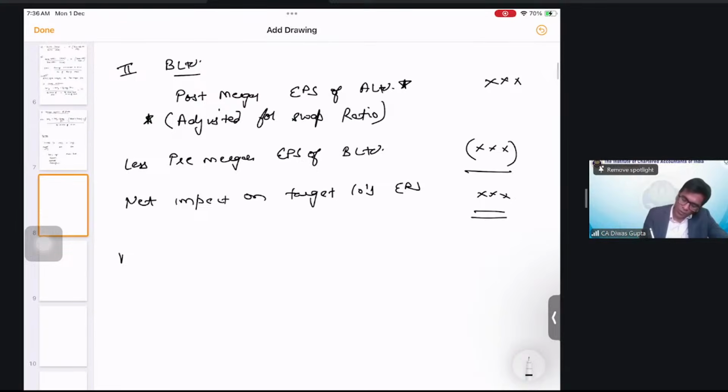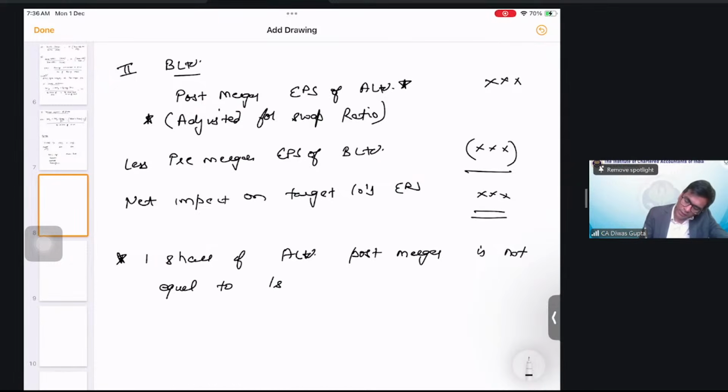Clear? So one share of A Limited post-merger is not equal to one share of B Limited pre-merger. Correct?